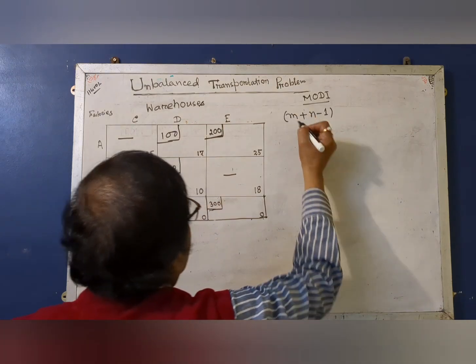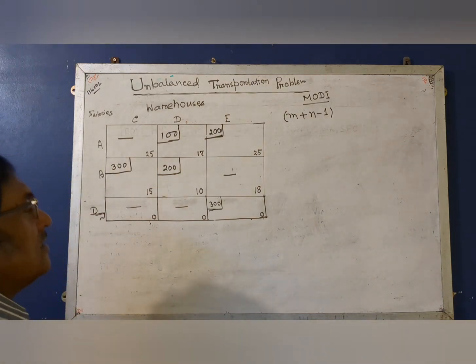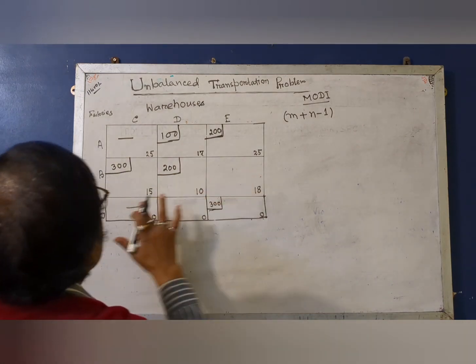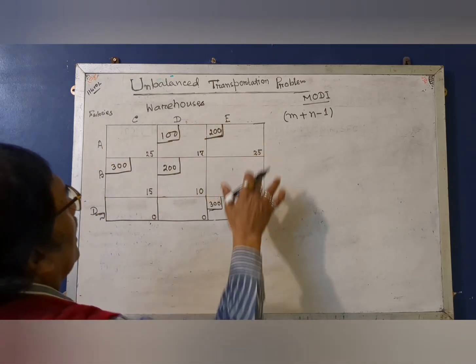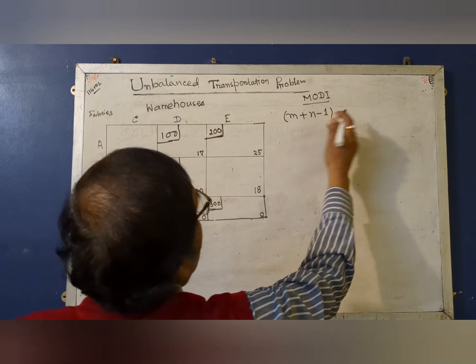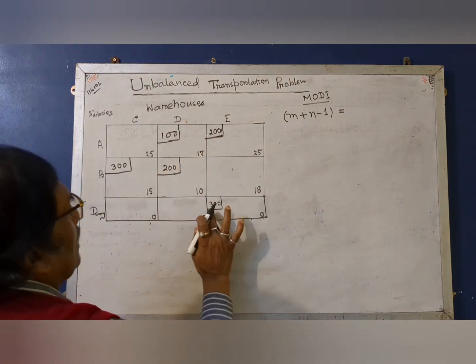If it is not, then it will be a case of degeneracy, and you have to do something so that you can proceed. You can use this matrix now, because it is not required otherwise. Basic allocations I have got. The m plus n minus 1 number of allocations are equal. These are the basic allocations.